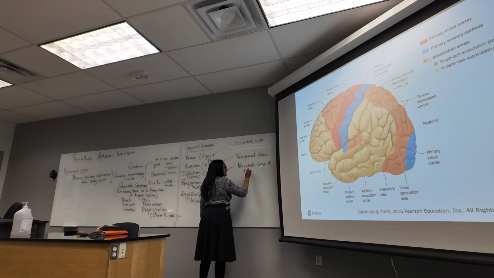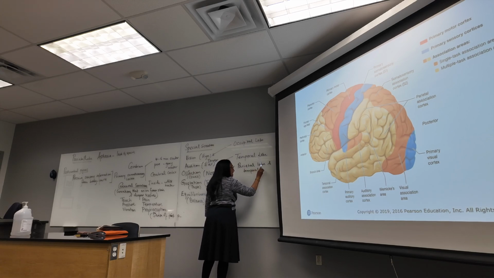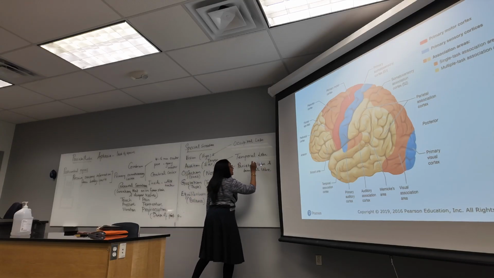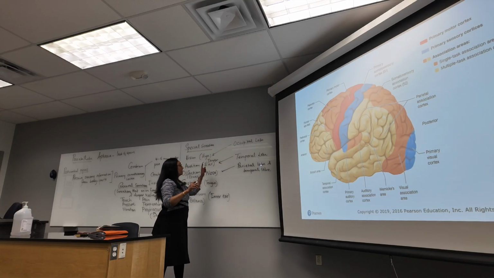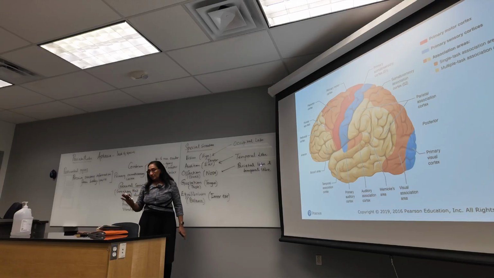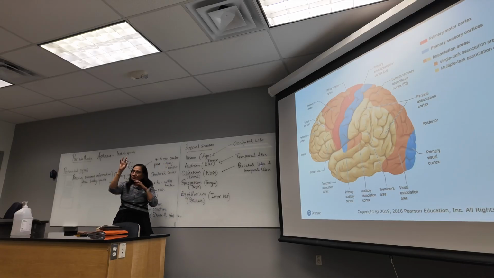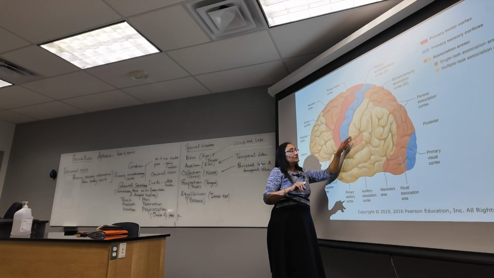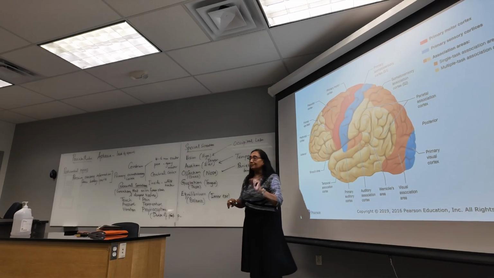So there are neurons that are scattered in the parietal lobe and the temporal lobe. So for vision, definitely occipital lobe. For audition, temporal lobe. Olfaction, a little bit parts of the parietal lobe and also the temporal lobe.